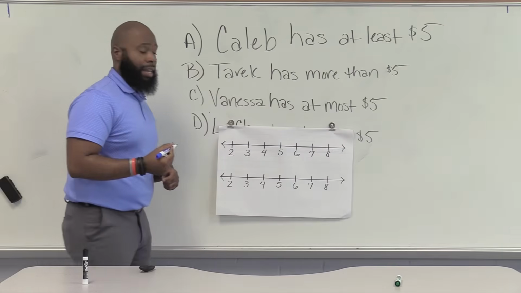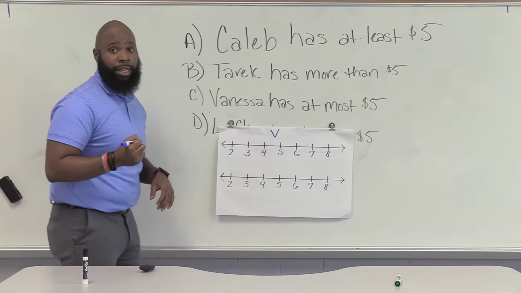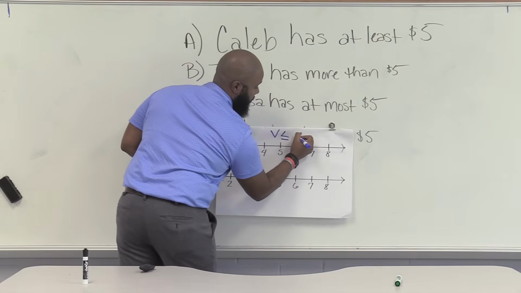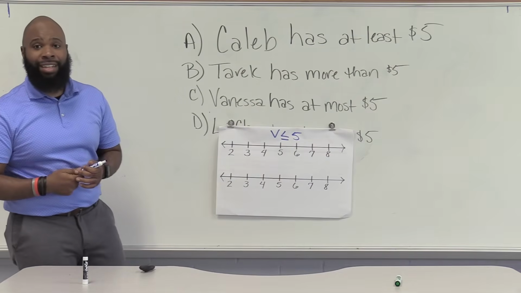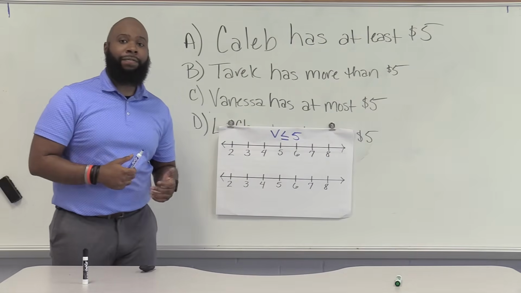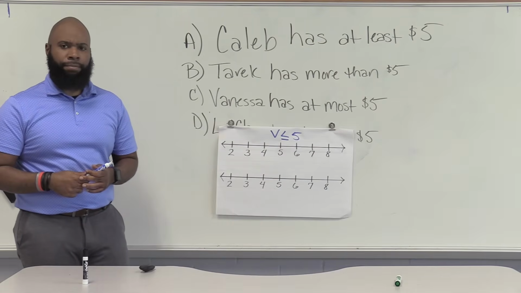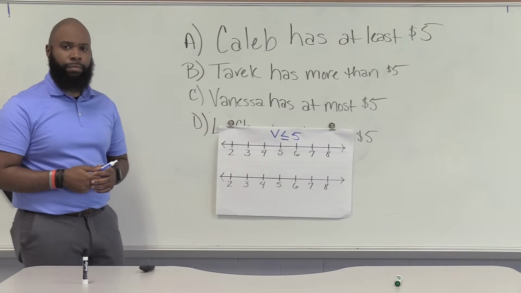Correct. I can write that as V is less than or equal to 5. Great job. Where V is the amount of money Vanessa has in dollars. How would you show this on a graph? Correct.